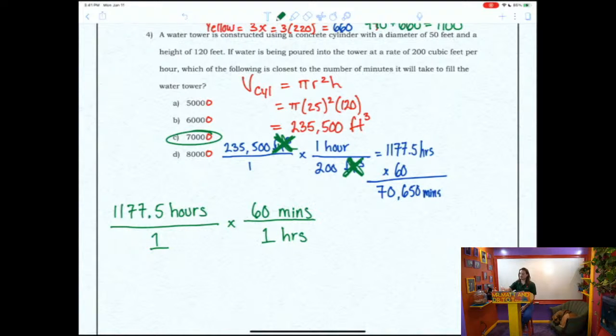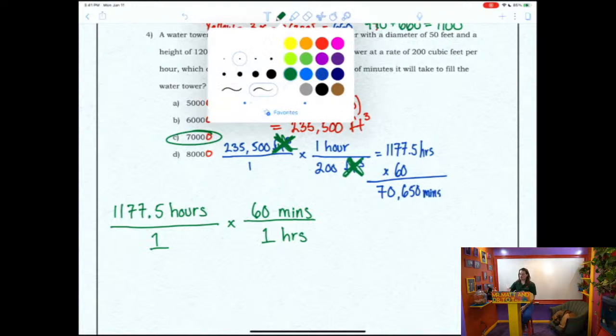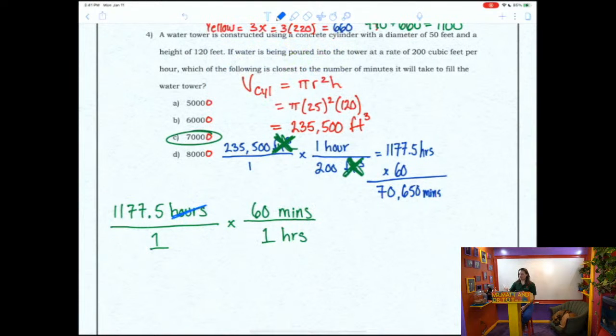So when I do this, hours will cancel with hours. Hours in the numerator will cancel with hours in the denominator. And that will leave us with 1,177.5 times 60 times minutes. Actually, let me use parentheses so it's not so confusing.